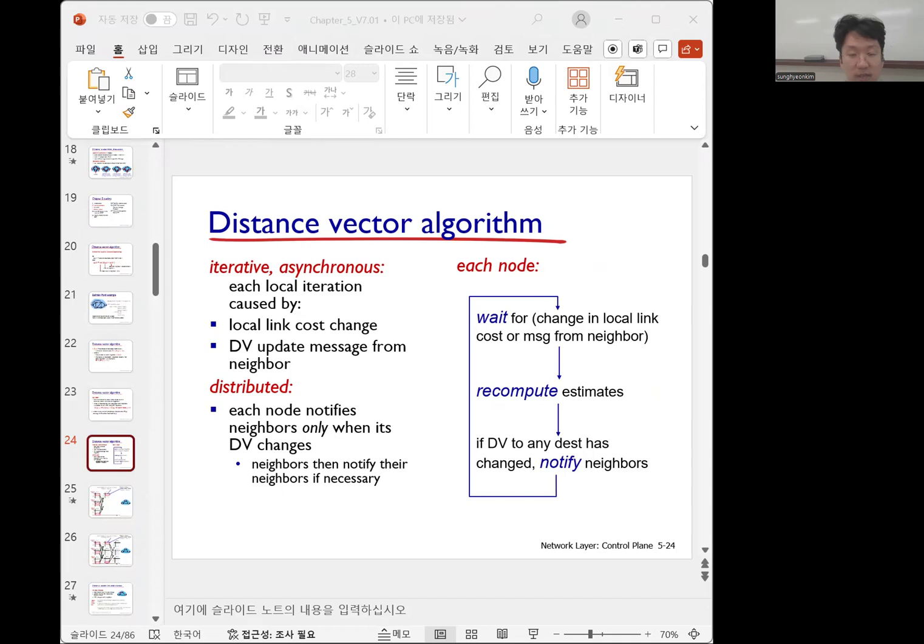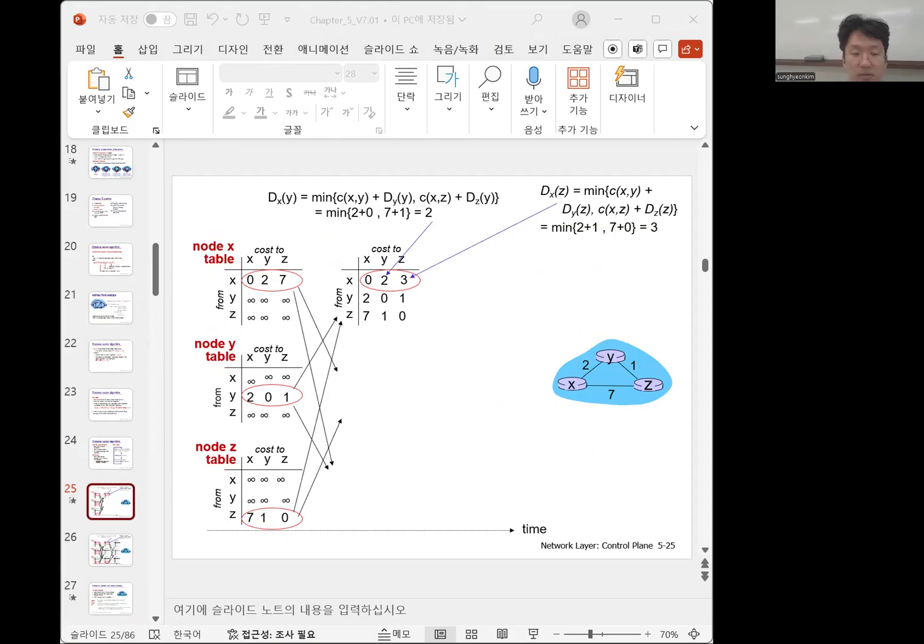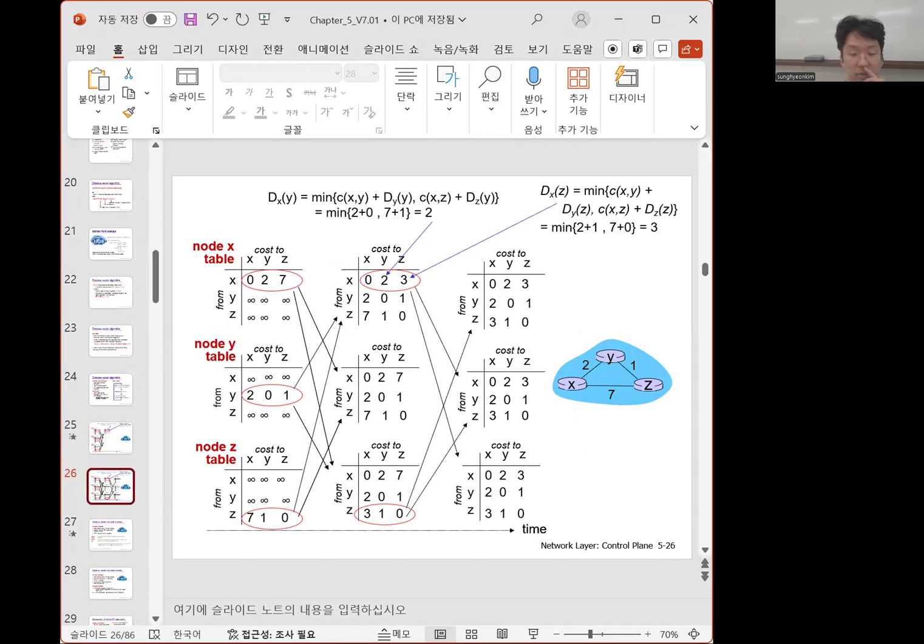We should wait, recompute, and notify again. When there are three nodes, there will be three tables, and as they propagate, each node's estimates change.